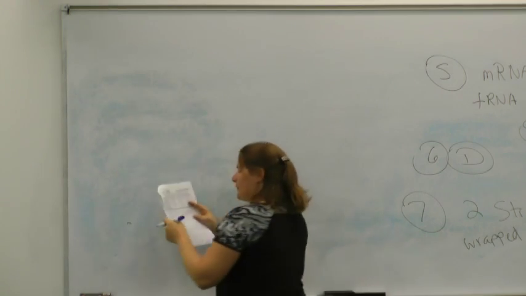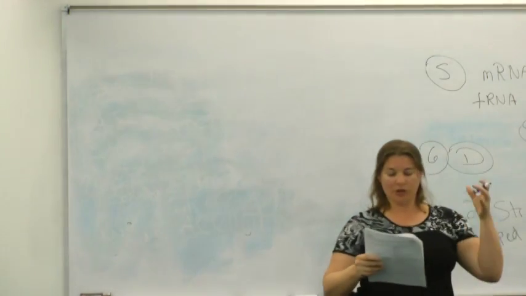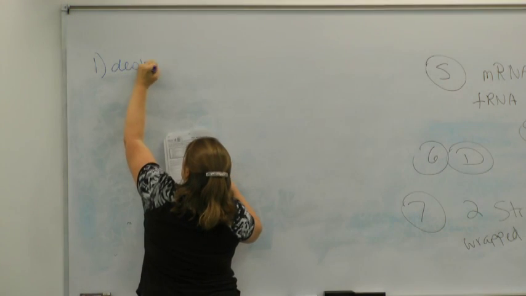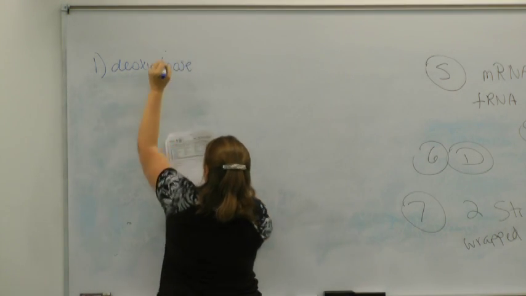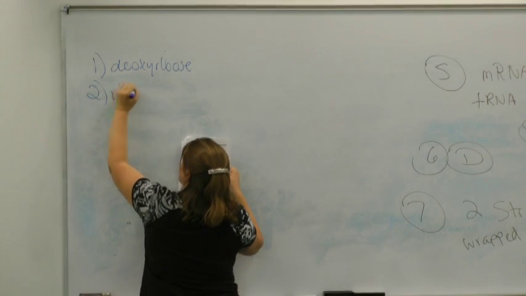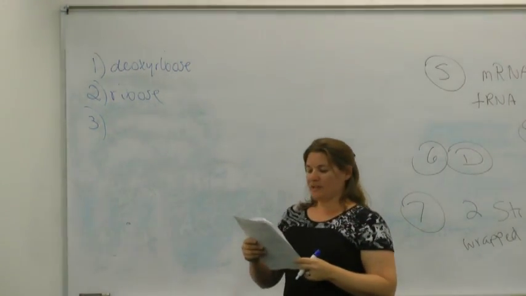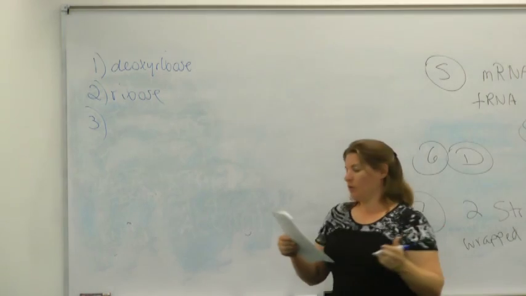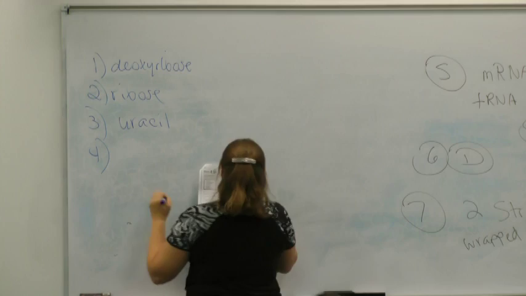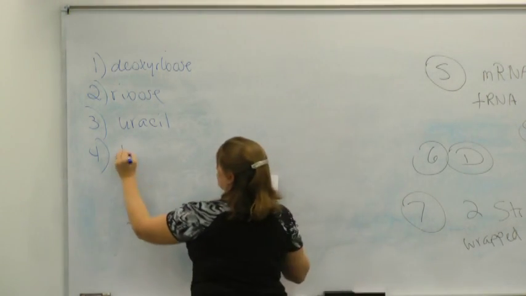Okay, so RNA is different from DNA in several ways. Whereas DNA contains the sugar deoxyribose, RNA contains the sugar ribose. In addition, RNA is made using the nitrogen-containing base uracil, while DNA contains the base thymine.